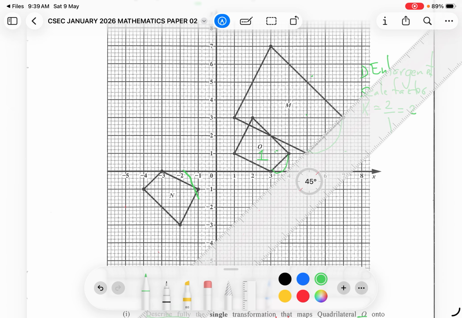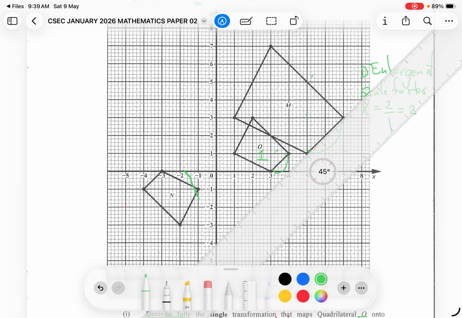Let me just put this back onto here, because the diagram here might not be drawn to scale, because that's one of the things too that we look at when we measure.